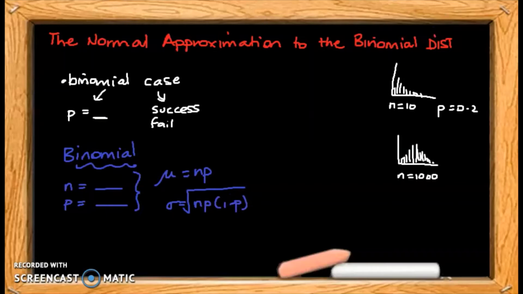And then you get these two values and substitute them into a normal curve. So you get your binomial values for mean and standard deviation, but you process them as though they are part of the normal distribution to get your answer.